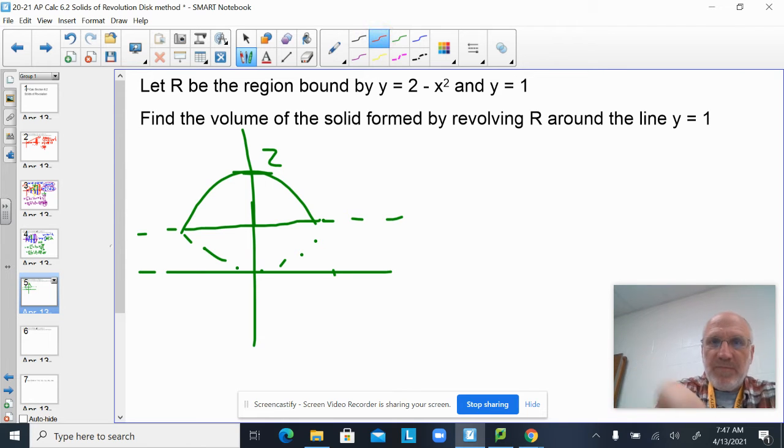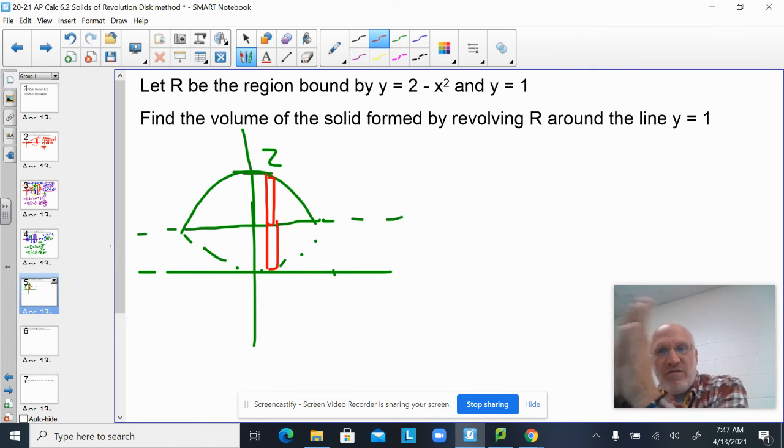So here is a cross-sectional rectangle in my original region. And when I rotate that region around the line y equals 1, here's the bottom half of this thing. So my cross-section is still a disk. I'm still adding up the volume of lots of individually infinitely small or skinny disks.